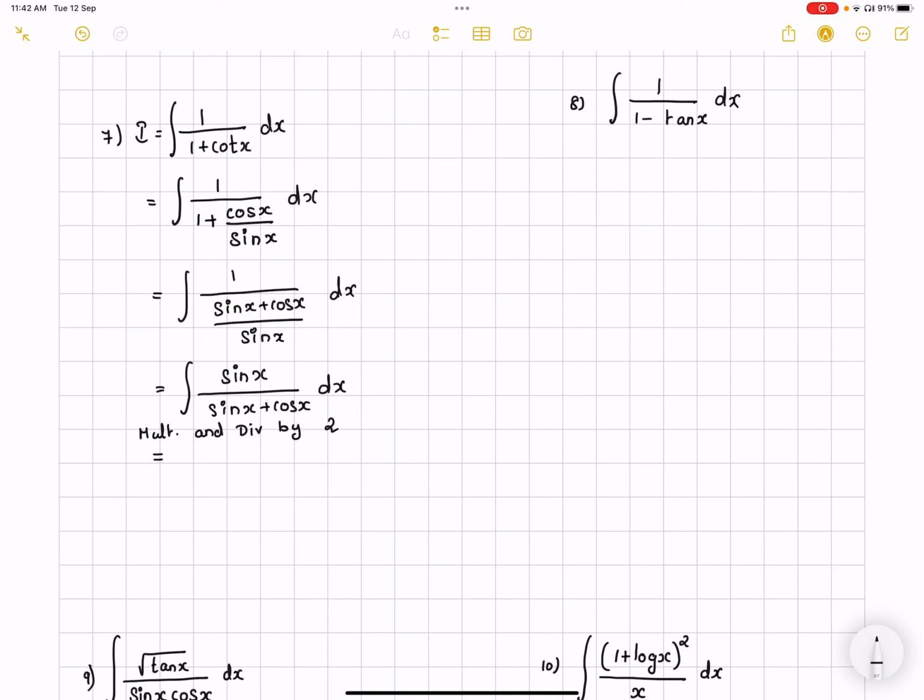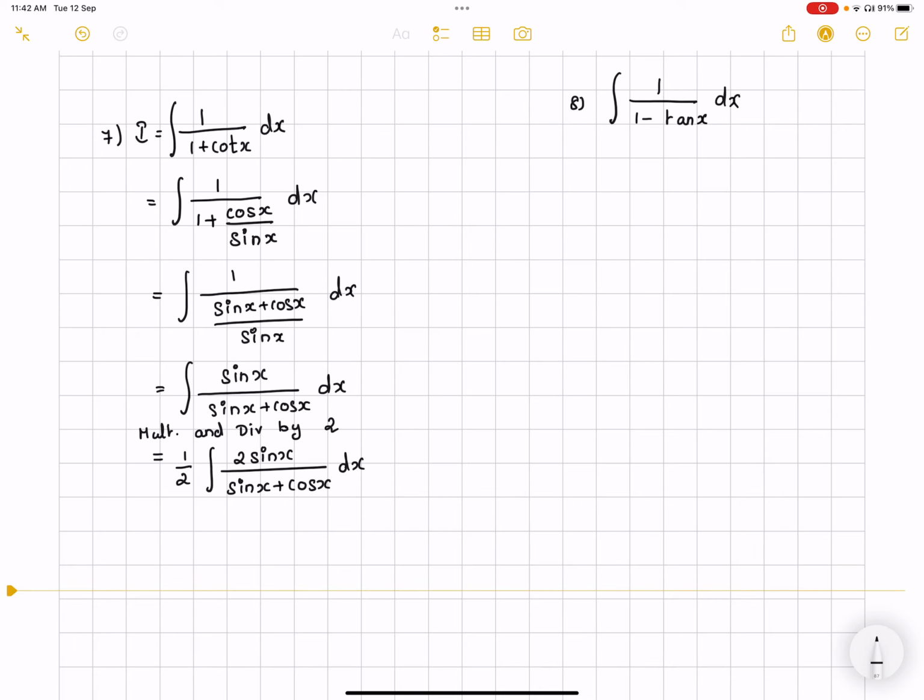When I multiply and divide by 2, I would be having 1 by 2, 2 sin x divided by sin x plus cos x, dx. What we are going to do here is make my numerator very similar to my denominator.